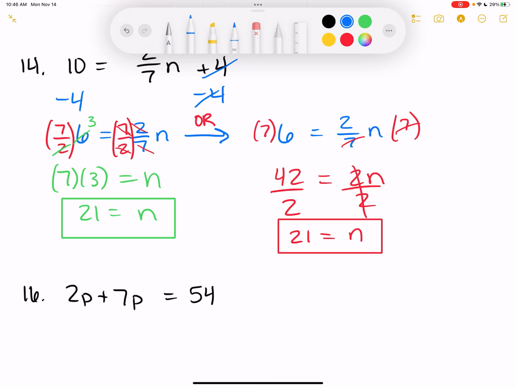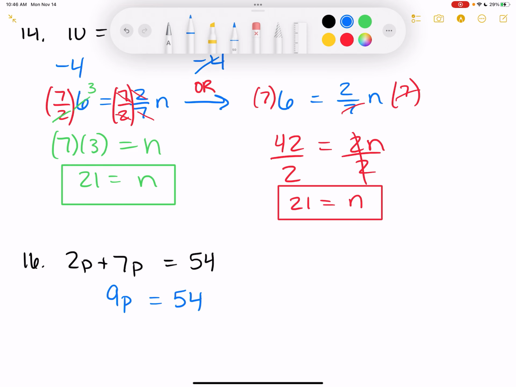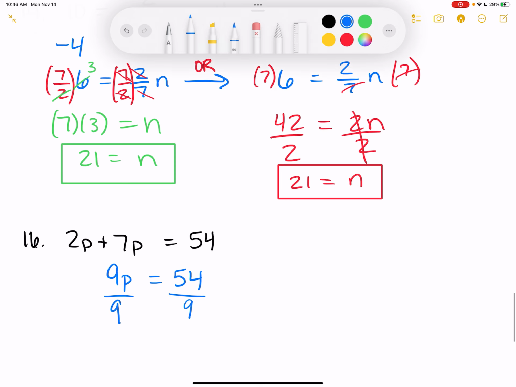First, the 2p and 7p equal 9p. 9p equals 54. Then what? Then you wanna divide. And that's gonna be p equals 6. Yep. 54 divided by 9 is 6.